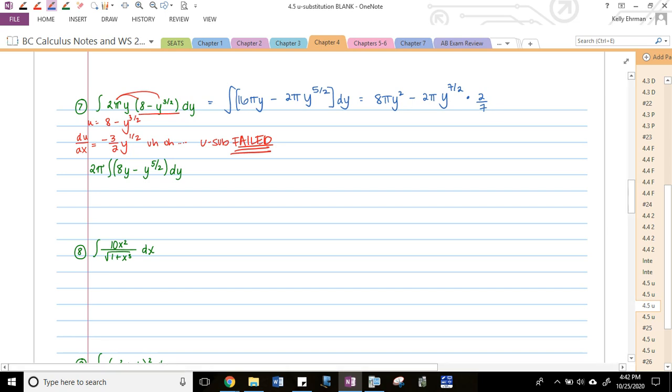I didn't trust myself to not kind of mess up that math. Okay, plus c. 8 pi y squared minus 4 pi y to the 7 halves over 7 plus c.